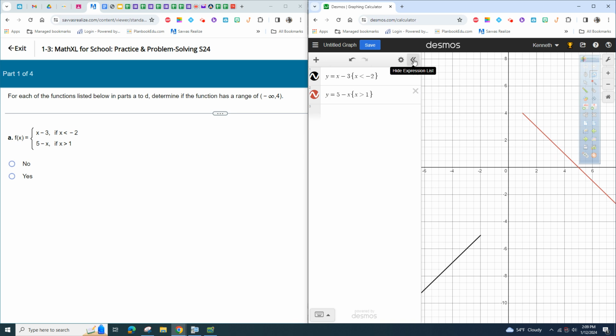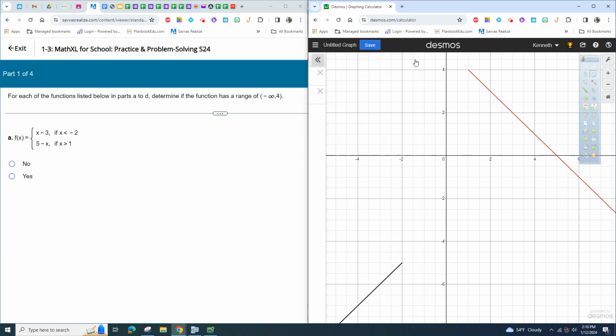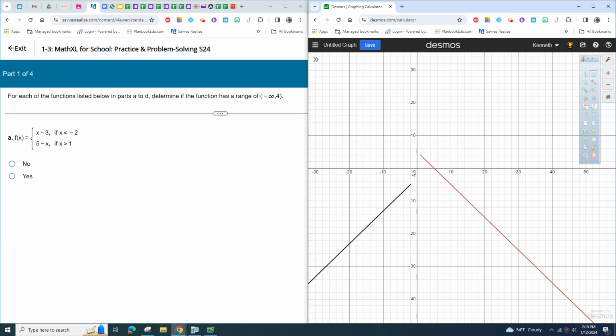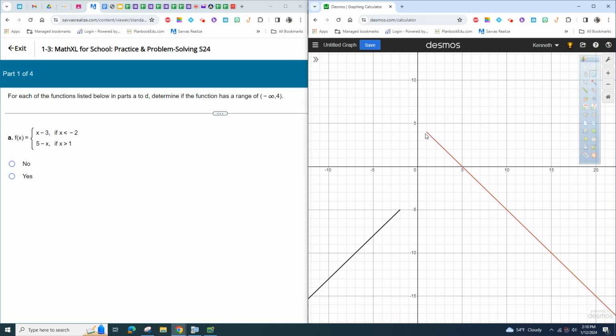Let me close this off. So again, we're talking about range. Now domain, there's a big, huge gap in the middle here, but for range, let's see what's going on between the two of these. If I go from negative infinity and come up to here, what's this point?